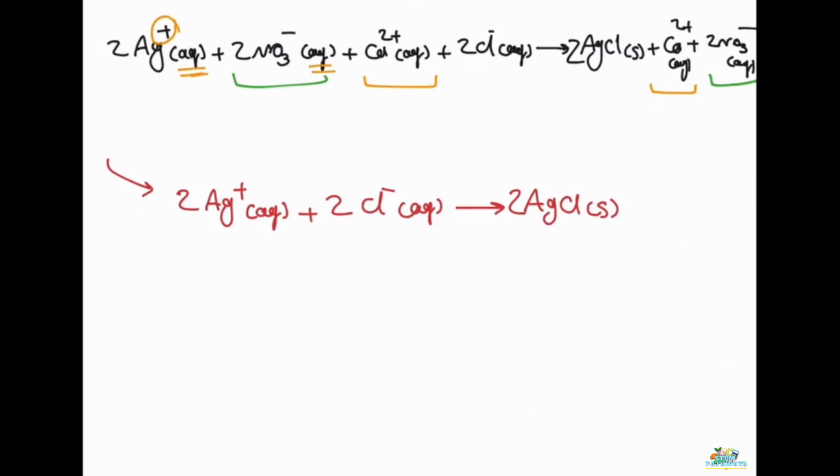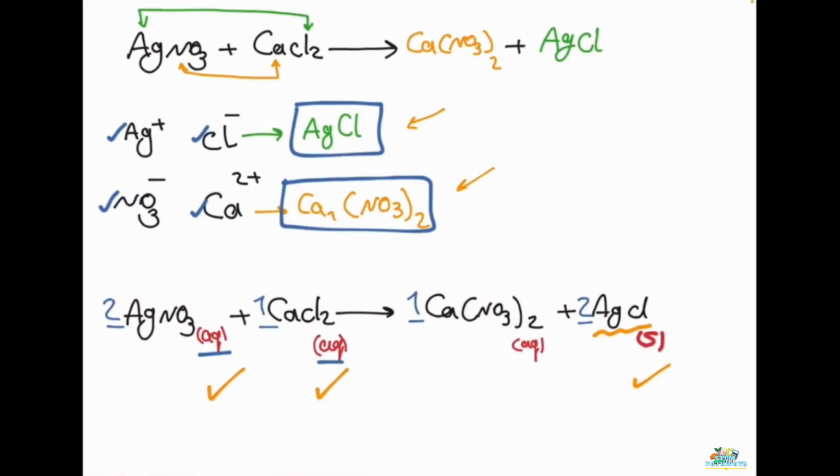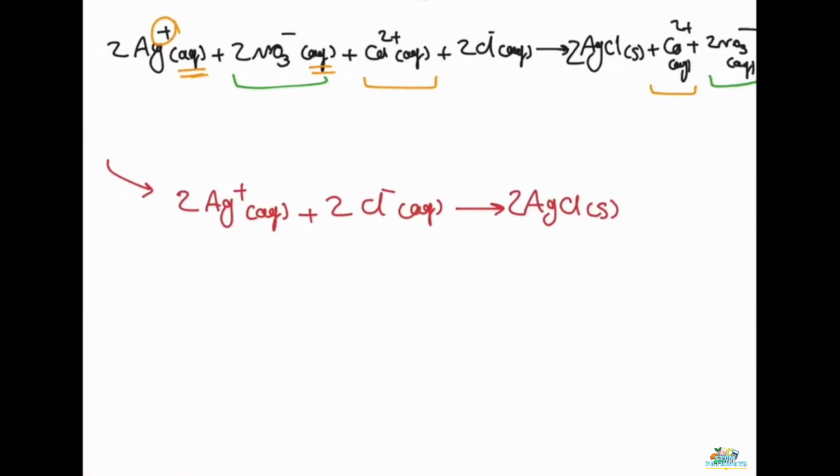So as you see, we have two Ag+, two NO3-, because they had two coefficients. So we don't forget, we should distribute these two. When we have two AgNO3, we have two Ag+ and two NO3-. As we had CaCl2, we have one Ca2+ and two Cl-. And also you see the rest of the equation.